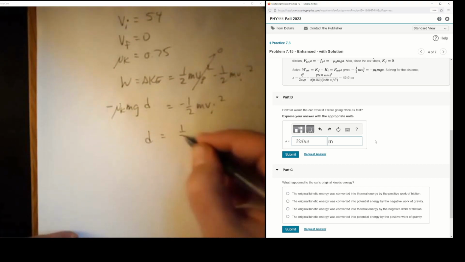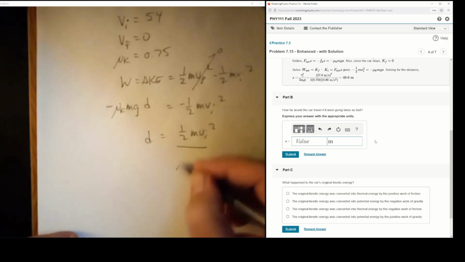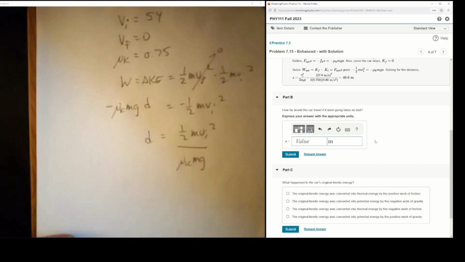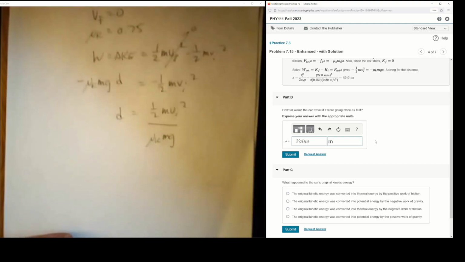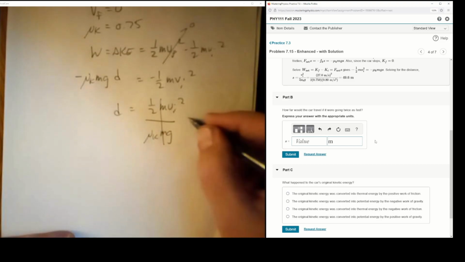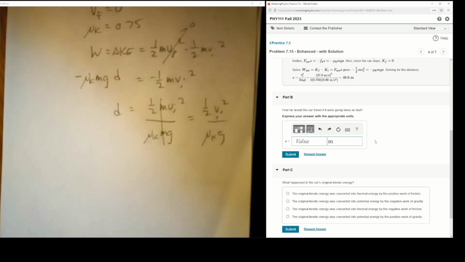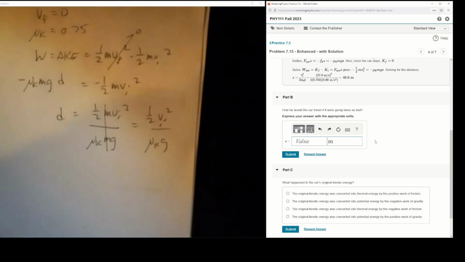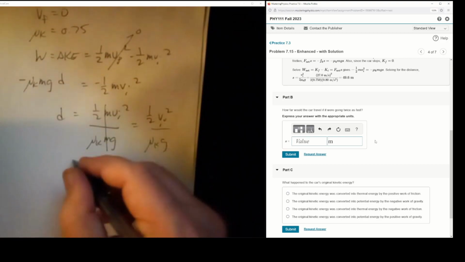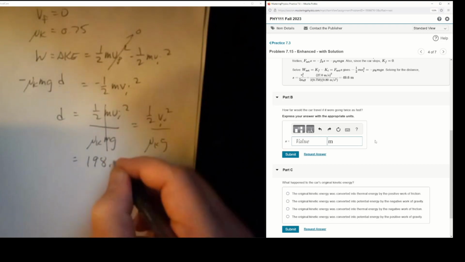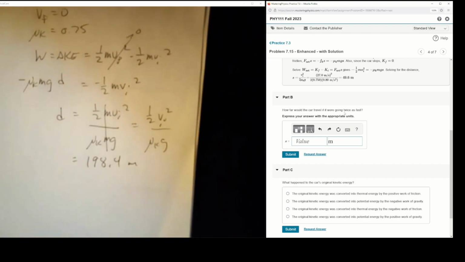And if we solve for distance, we get that. In this case, the masses will cancel. So we can just go 1/2 v initial squared over mu k g. And that answer is 198.4.